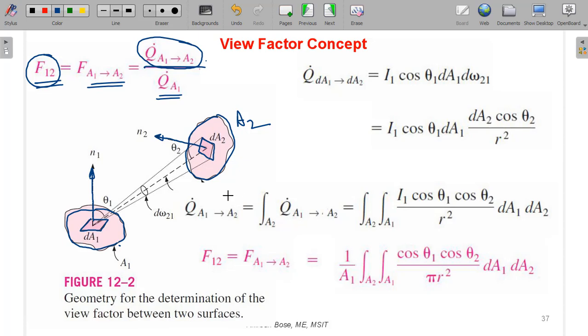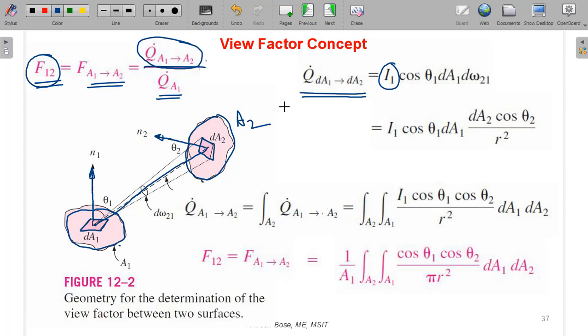So let us first find out how much energy will strike this small area leaving from 1 to 2. So this quantity we want to find out. It is very simple: find out the intensity in that direction, if you just join the centroids of these two elements.